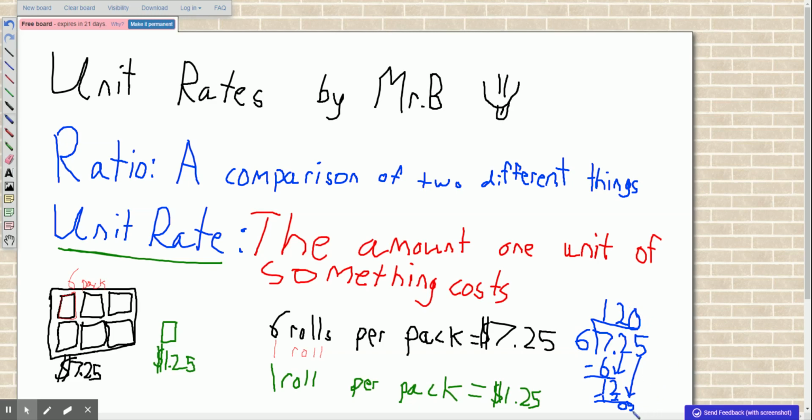I'm running out of room here, so I'm just going to rewrite it over here. You're just going to have to believe me a bit here that this is all correct. 6 would go into 50 8 times. And my decimal here would give me 1.208, which we're going to round to 1.21.